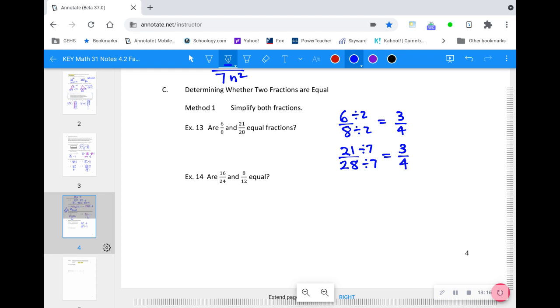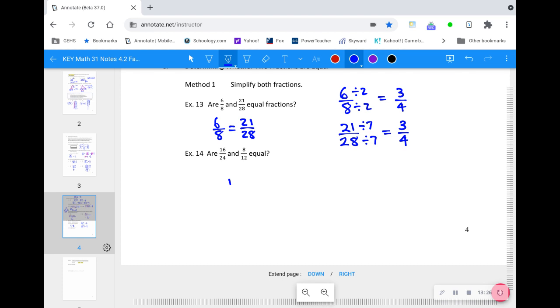And so, yes, 6/8 does equal 21/28. Okay, now let's do the same process with the next one, 16 over 24. When you simplify that one, we can divide these by 8. You get 2/3. And if you try the same thing with 8/12, these divide by 4, you get 2/3. And so, yes, these are equal.